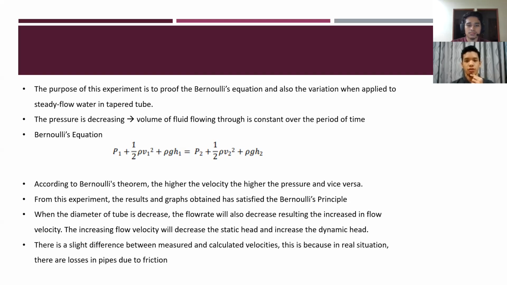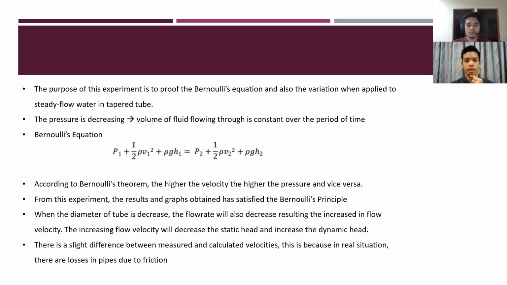According to Bernoulli's theorem, as the velocity increases, the pressure also changes. From this experiment, the results and graphs obtained have satisfied Bernoulli's principle. When the diameter of the tube decreases, the flow velocity increases. This increase in flow velocity then decreases the static head and increases the dynamic head.